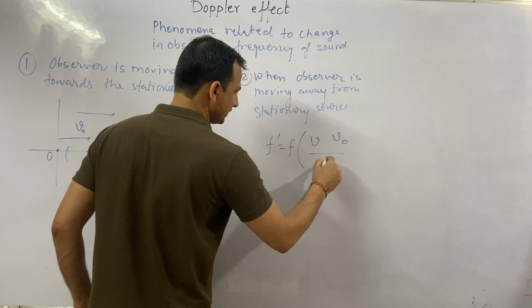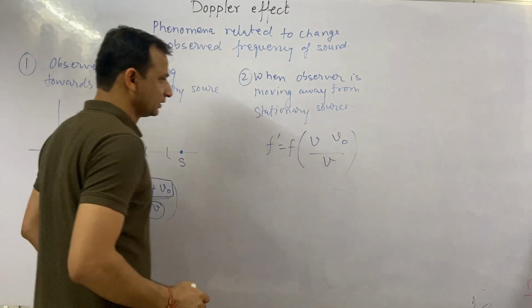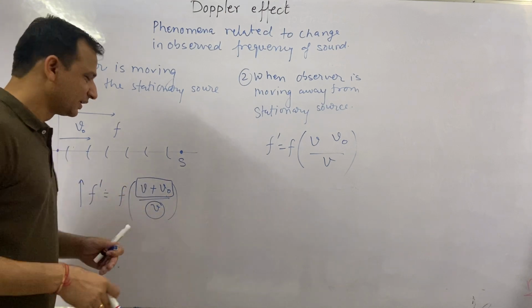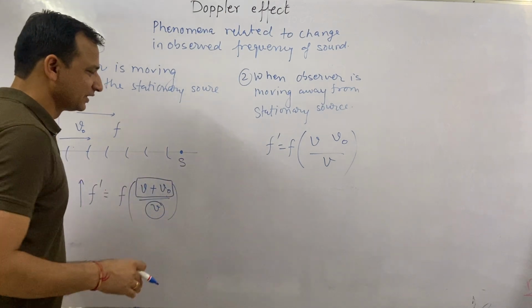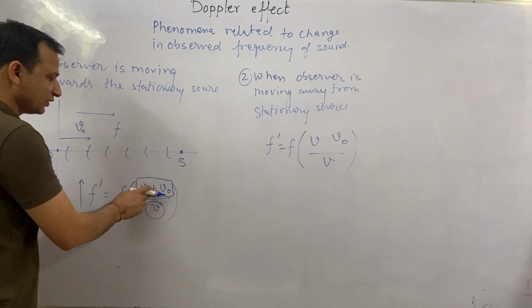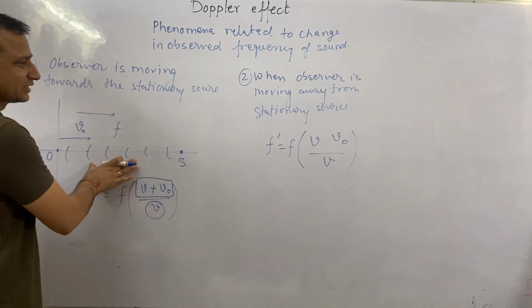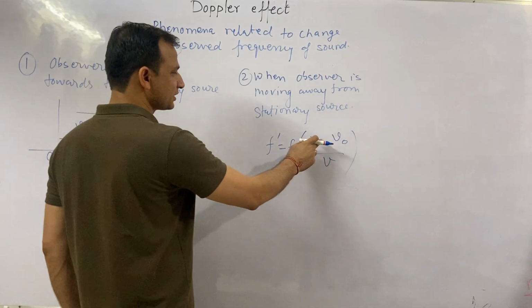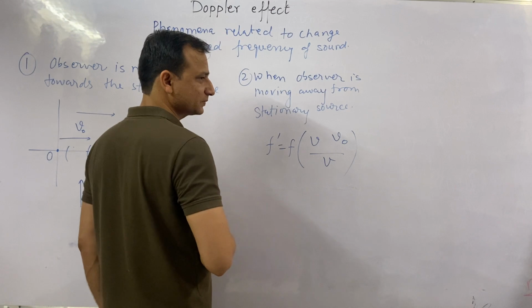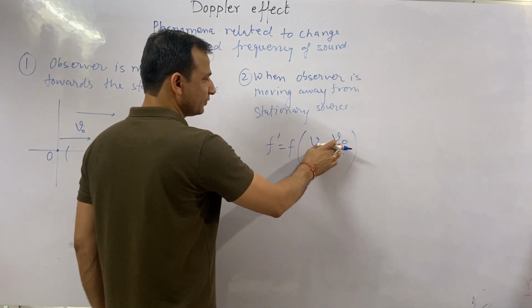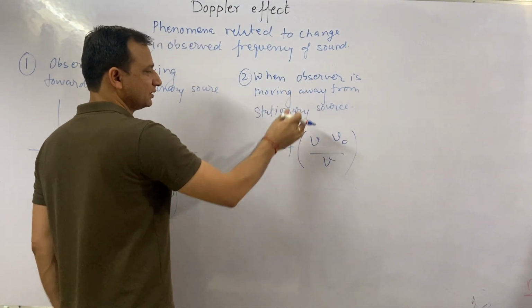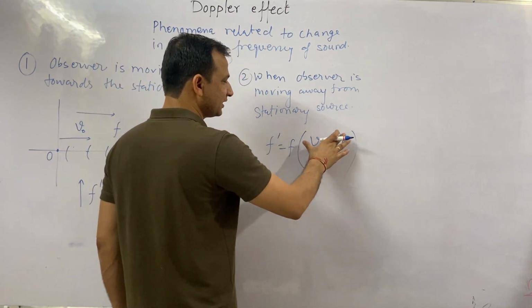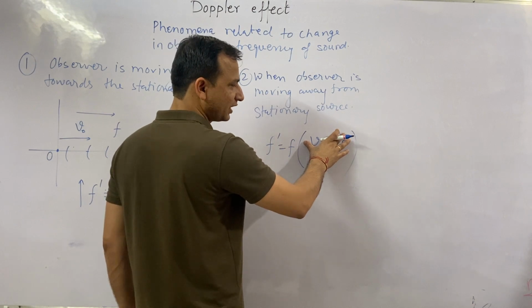Later on we will add the sign here. When I said same, I changed it to similar because it's not the same. Here we had used the plus sign because the frequency was increasing, and in this case the frequency will decrease. So which sign should we use here? If the frequency is decreasing, then we should use the negative sign so that the numerator is smaller than the denominator.